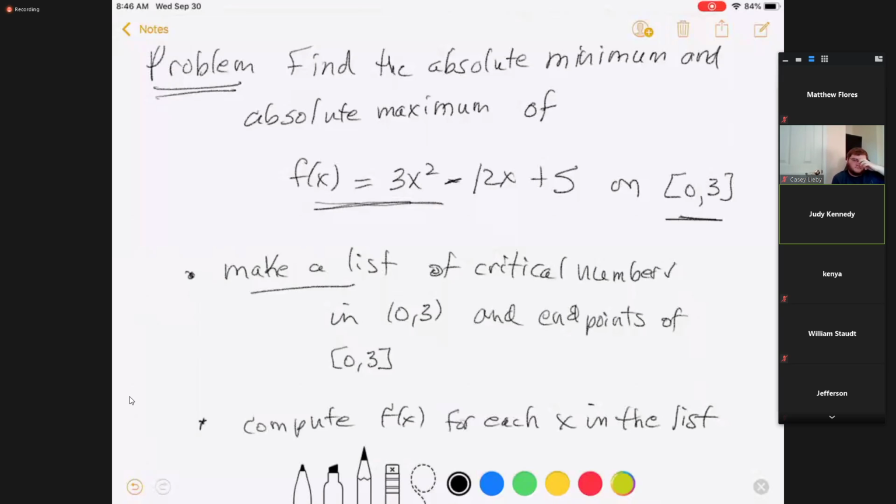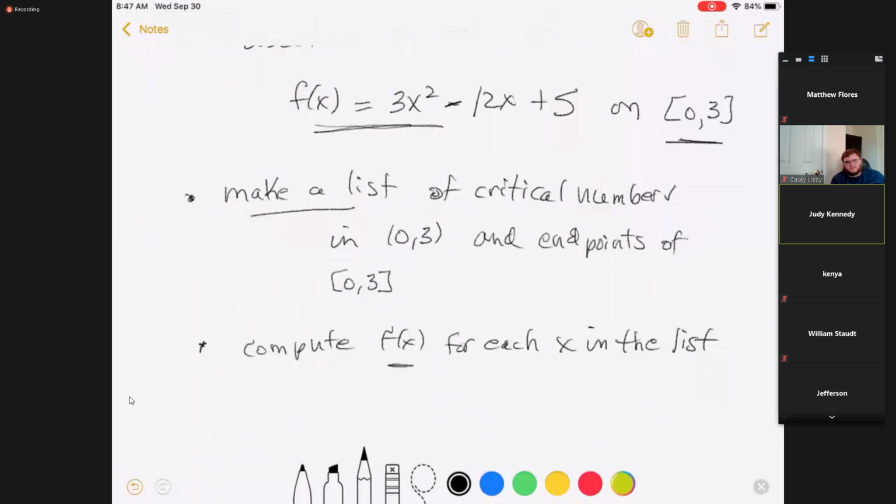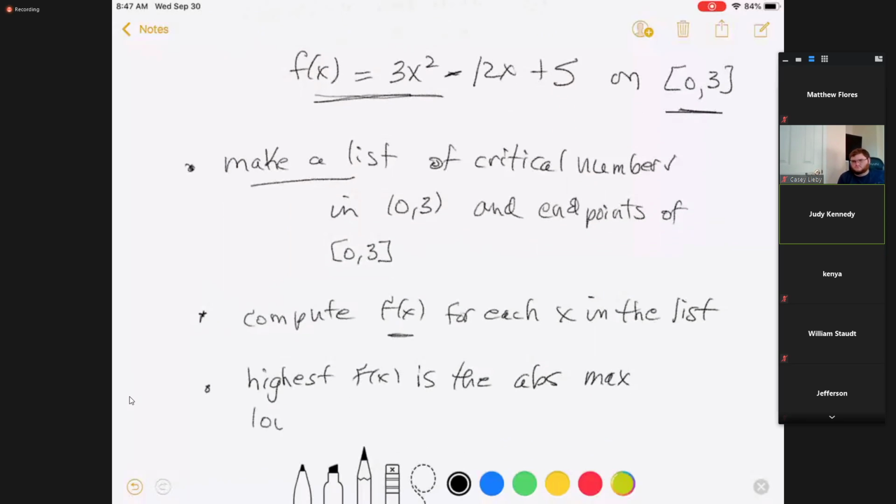The highest number that I get for f of x, that's my maximum, and the lowest number is my minimum. The lowest f of x is the absolute minimum. And the extreme value theorem says these must exist.